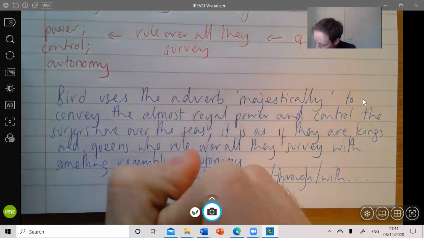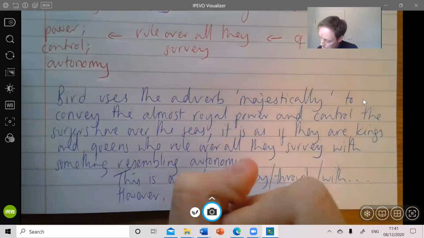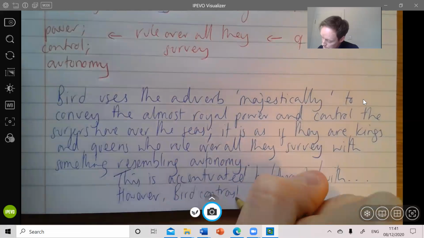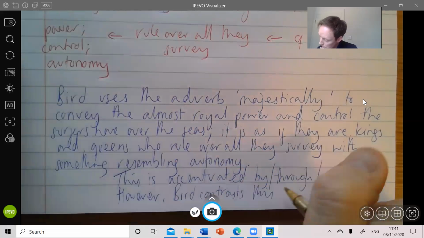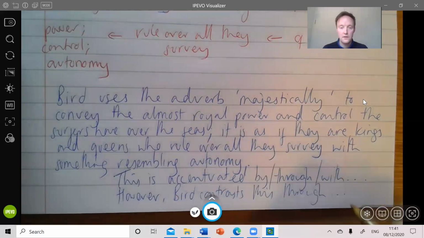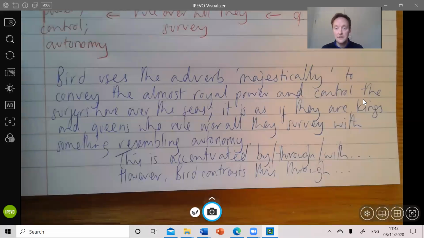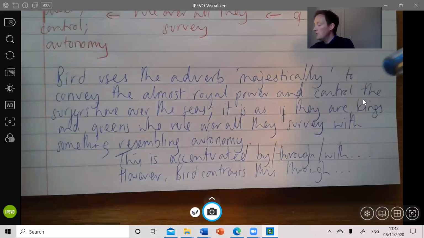Or I introduce an element of contrast. And in this instance, I think contrast is easier because the word majestically contrasts with something like dashed to pieces. But there you have it, really. That's what you're trying to do, is build upon your ideas.